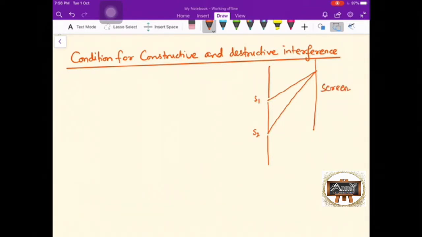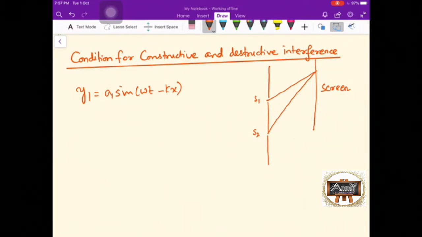Say the wave which is coming from S1 is given by the relation A1 sin(omega t minus kx). Let the amplitude of the wave be A1 and the circular frequency be omega.